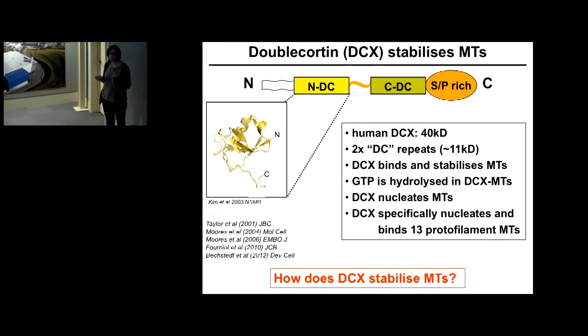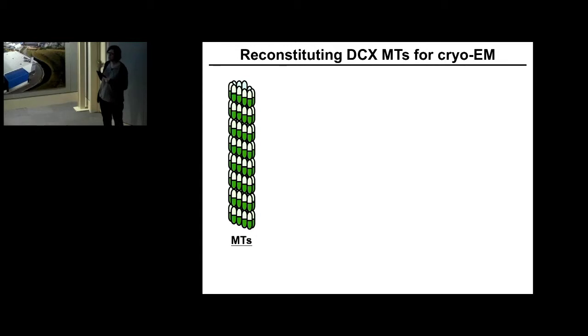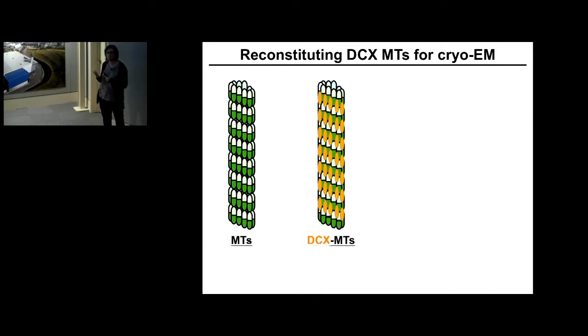We, of course, wanted to know how that works. So our experiment in trying to understand Doublecortin's interaction with microtubules is to begin with tubulin itself. These microtubules will be rather dynamic because of the GTPase activity, and so we can stabilize them by copolymerizing with Doublecortin. Because we're copolymerizing with Doublecortin, we're going to get a largely predominant architecture of 13 protofilaments in this sample.